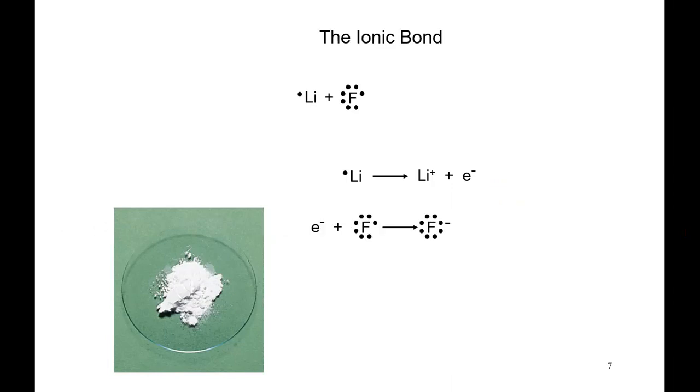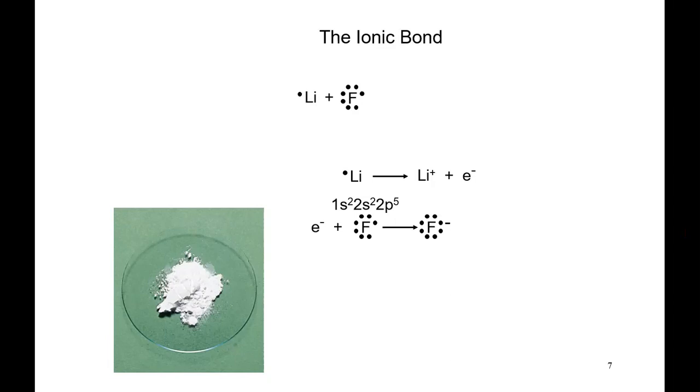Okay, what about the fluorine? Well, we said the fluorine would rather gain an electron to become the fluoride ion. Notice now the 8 dots are on the fluorine, but with a negative charge also. Again, fluorine has a configuration 1s2, 2s2, 2p5. The fluoride ion has one more electron.